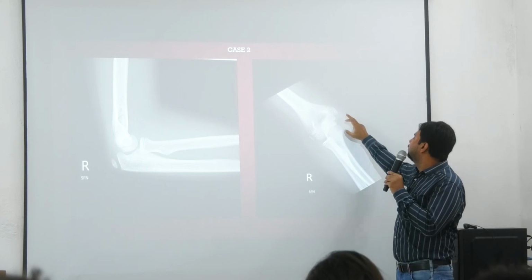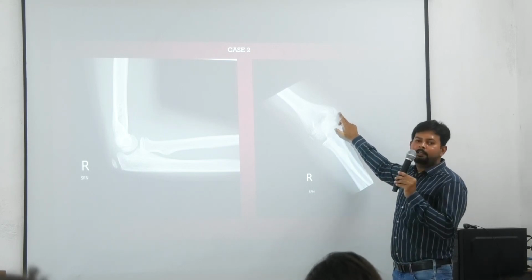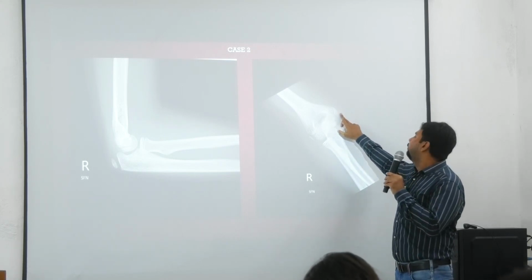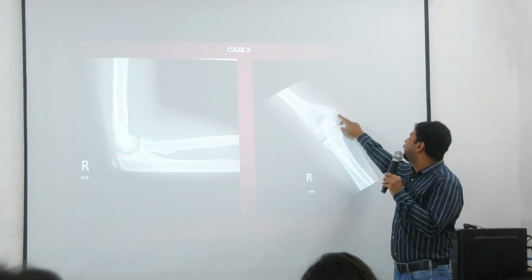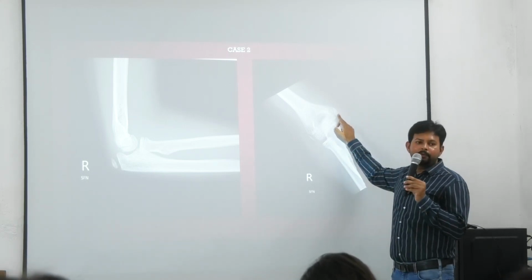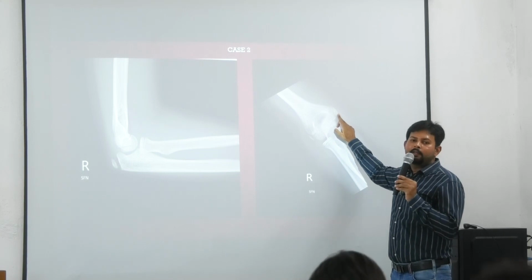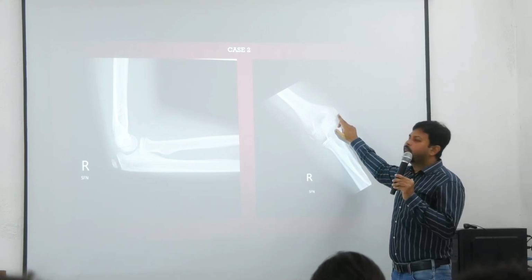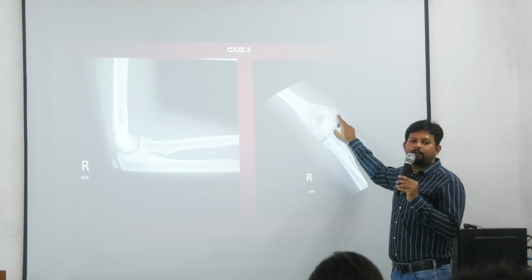Another thing is that এটা কোন, এটা কি আছে বলো, medial epicondyle has appeared but not fused, তাহলে 14, তাহলে above 10, below 14.